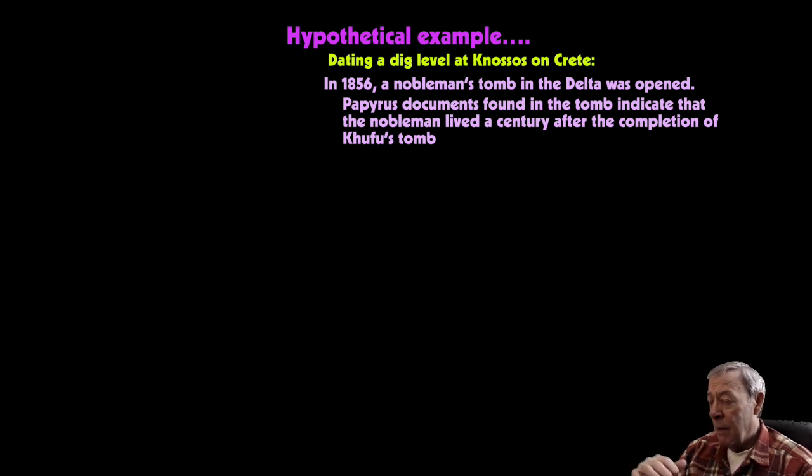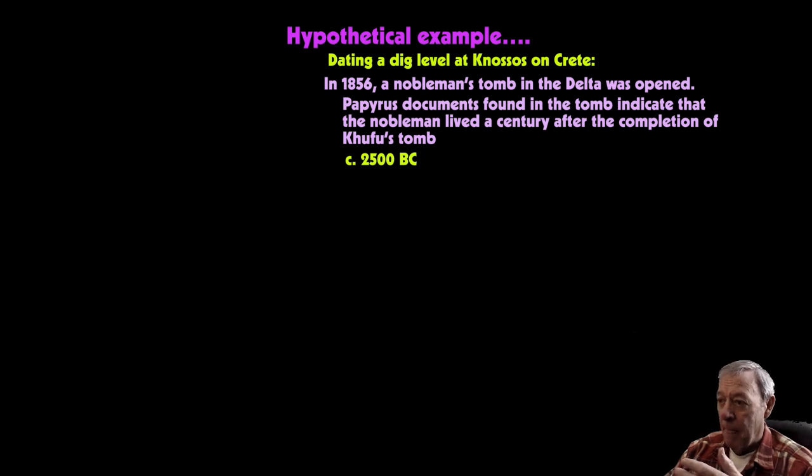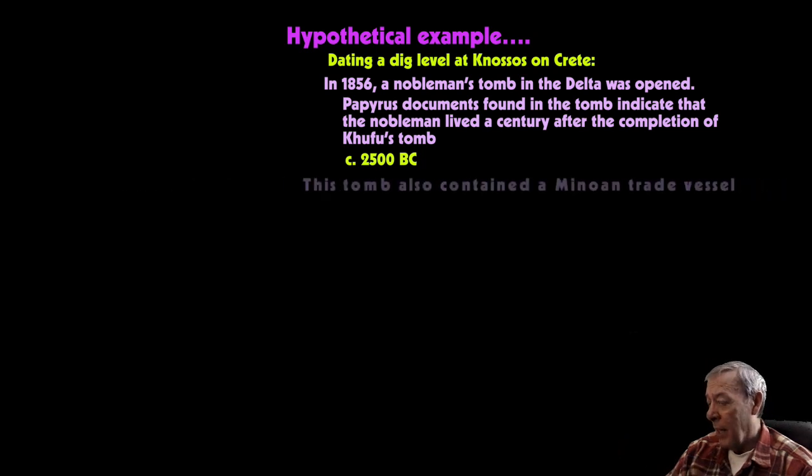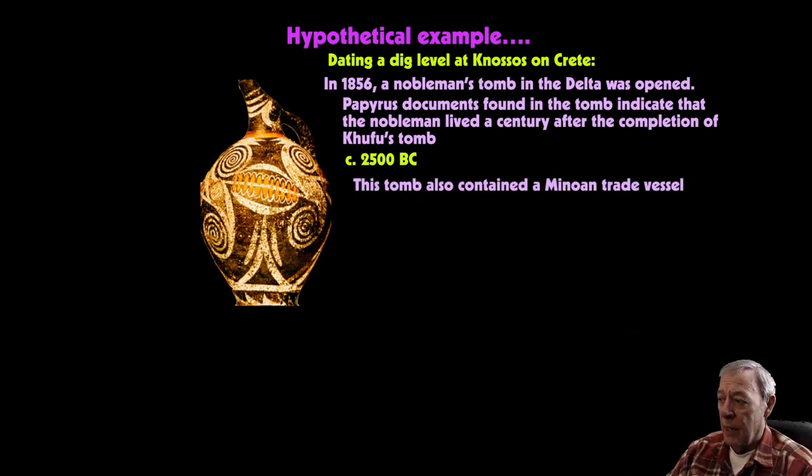Therefore, he lived around 2500 BC. Now again, this tomb also, let's say, contained a Minoan trade vessel, because the Egyptians traded frequently with the Minoans that lived on Crete. And let's say this was the pot that was found in the tomb.